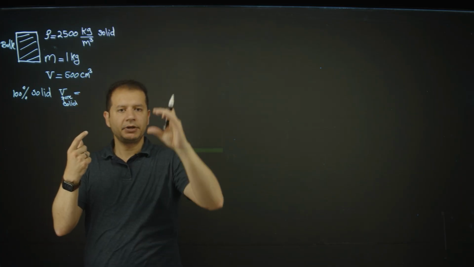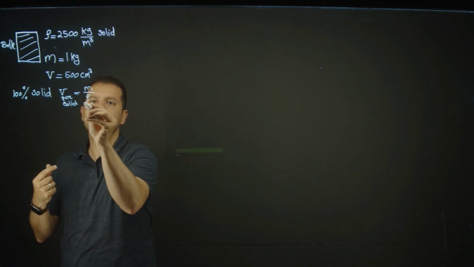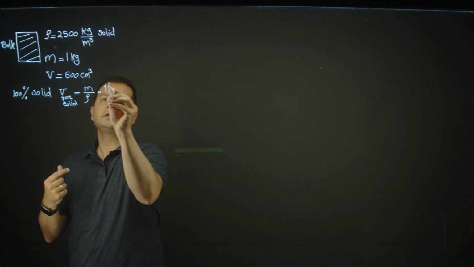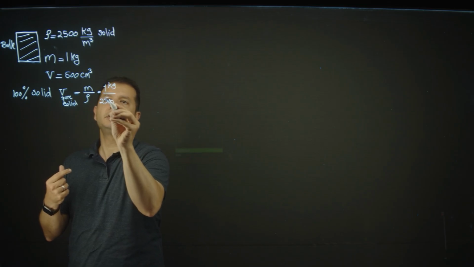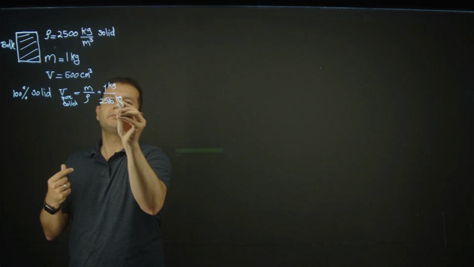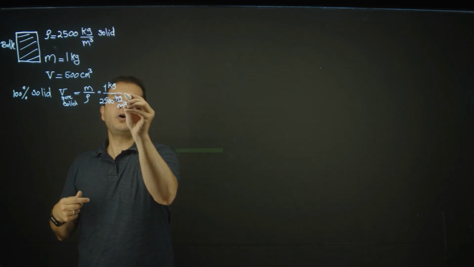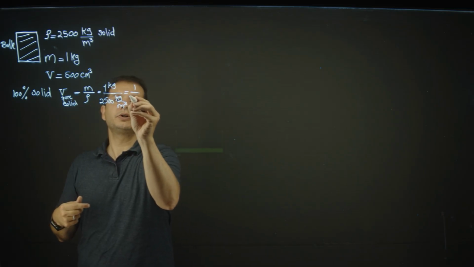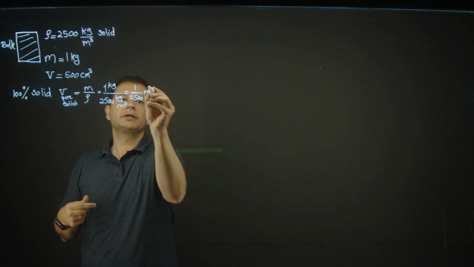Density is mass per volume, so volume is mass per density. 1 kilogram divided by 2,500 kilogram per cubic meter is my volume, which is 1 over 2,500 cubic meter.